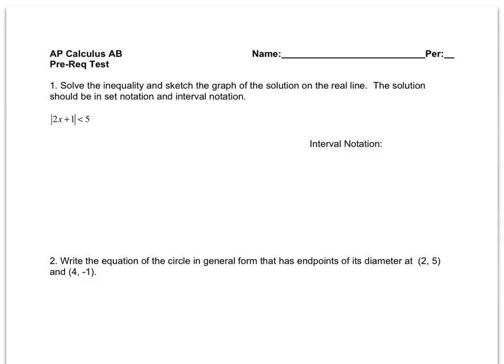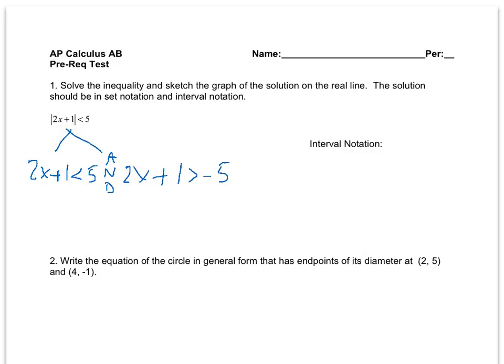Okay, first we want to solve this inequality with absolute values, and that is a less than sign, so we have to separate this into 2x plus 1 is less than 5, and 2x plus 1 is greater than negative 5.